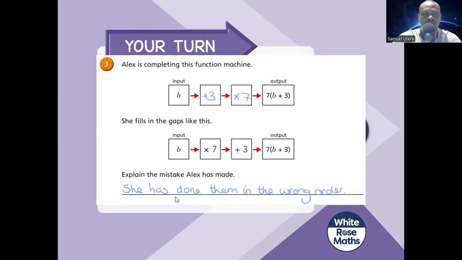So clearly she has done them in the wrong order, because you can see h multiplied by 7 will give us 7h add 3. It's not going to look like what we want, which is to add 3 to h first. So remember, it's important to know how to read these expressions before you multiply everything by 7.